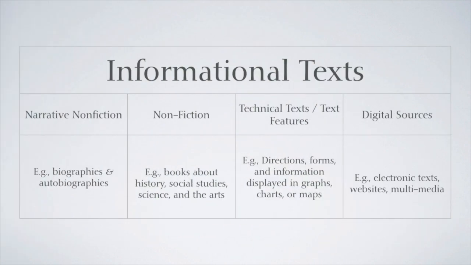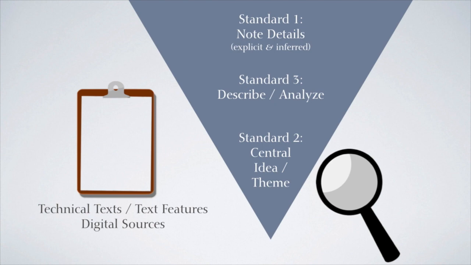And finally, let's look closer at technical text and digital sources, examples of which include directions, forms, and information conveyed through graphs, charts, maps, or digital sources. When reading technical texts, students will not find story elements. Instead, they will simply be reading information.